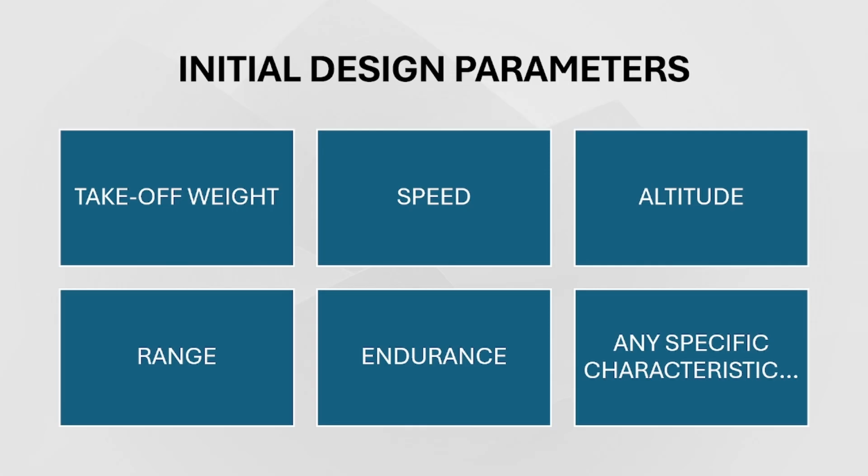So everything starts with the initial design parameters. There are many of them, I will just show a few which I see as the most important for the beginning. You can think of an aircraft as an object with some mass, and the main idea is to be able to lift this mass into the air. So you will need to know what kind of takeoff weight you will have.